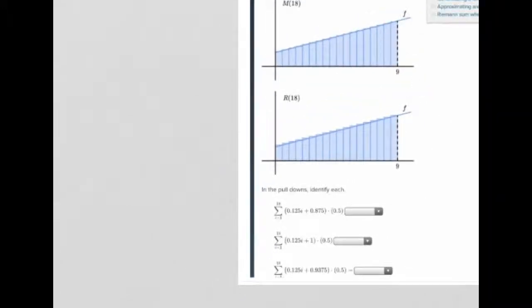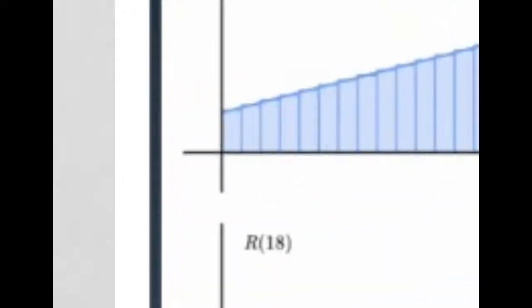I'm just checking to see what the heights would be. If I check on this, what would the height be? This is the midpoint. So instead of an x value of 0, I would have an x value of, well, if this is 0.5, then that's 0.25.